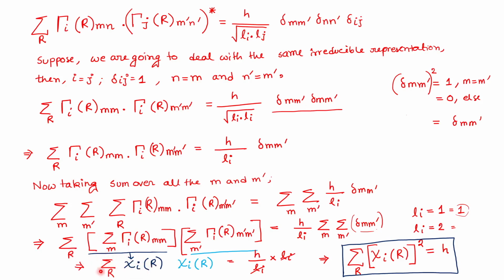What did we get? Sum over R. Now see this sum over m of gamma_i(R)_mm. We are talking about the diagonal elements, and the sum over all the diagonal elements is your character, the character of the ith irreducible representation for a particular symmetry operation.